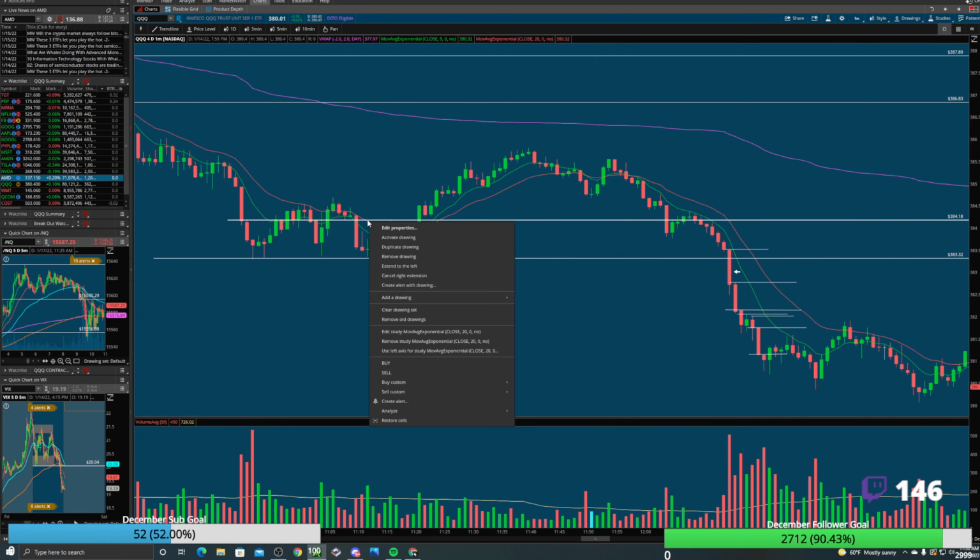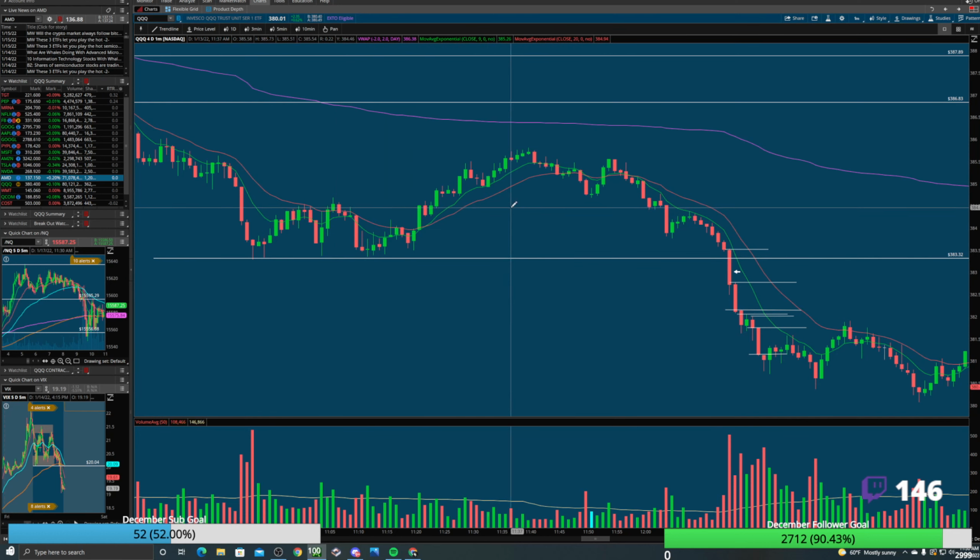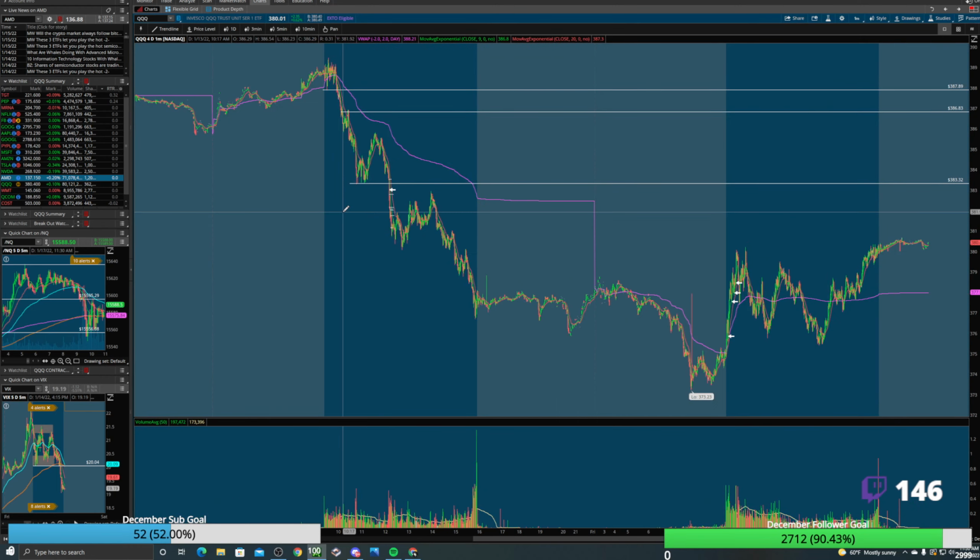Now that may not be the best example. I don't have a good example, but don't be biased towards any one strategy or any one tool. I always have to have multiple levels of confluence. Do we look for break and base at key levels like VWAP and the 200 EMA? Yes. So that may be a good example to look at.